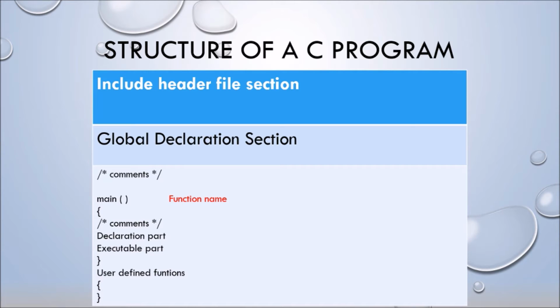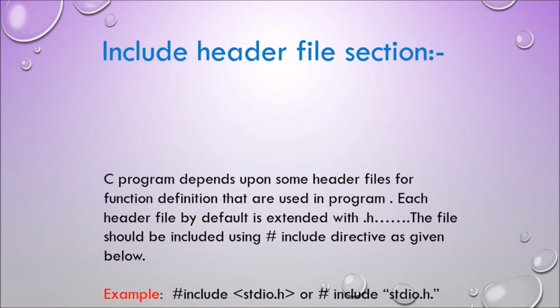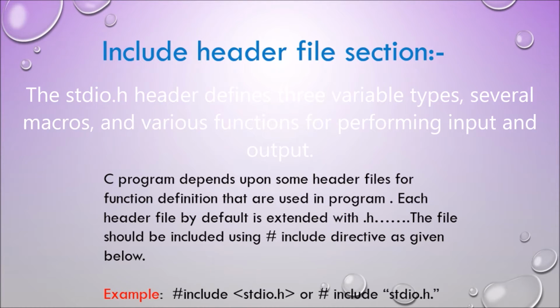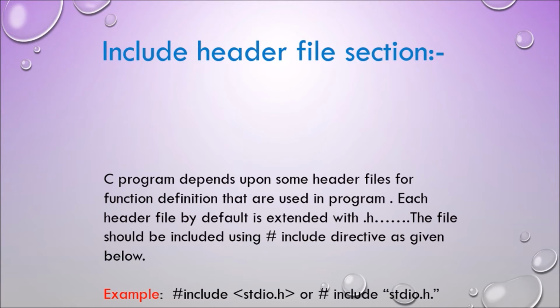So now we will see what these words really mean. We move further. First, the include header file section. A C program depends upon some header files for function definitions that are used in your program. Each header file by default is extended with .h.